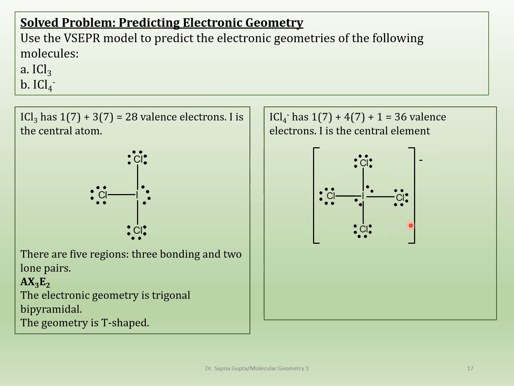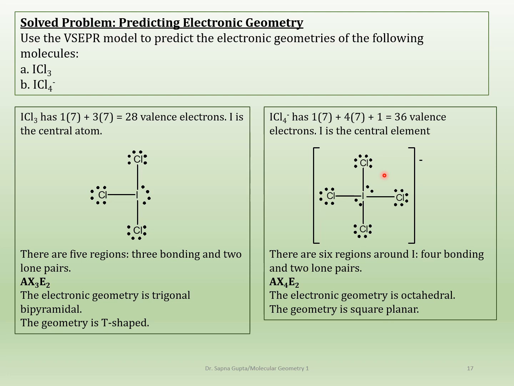So this is what the structure would look like. You can probably see what this is, AX4E2, right? 6 electron groups, that's what we have now. The electronic geometry is going to be octahedral and the shape is square planar. And you can look, if you want to.